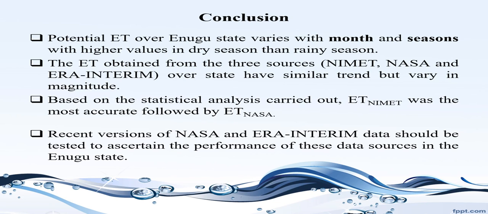So in conclusion, we can say that potential evapotranspiration over Enugu state varies with months and seasons, with higher values in the dry season than in the rainy season. The evapotranspiration obtained from the three sources, NIMET, NASA, and ERA interim, over Enugu state have a similar trend, but vary in magnitude.